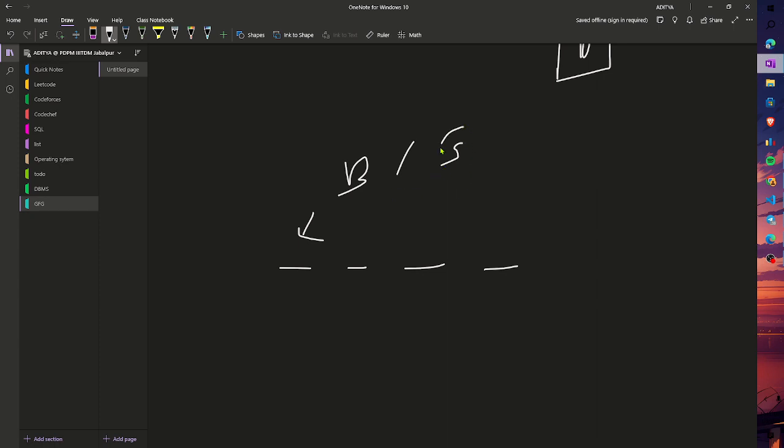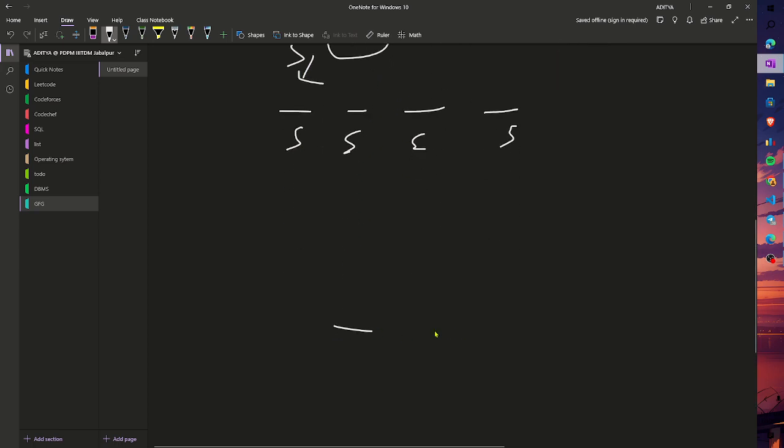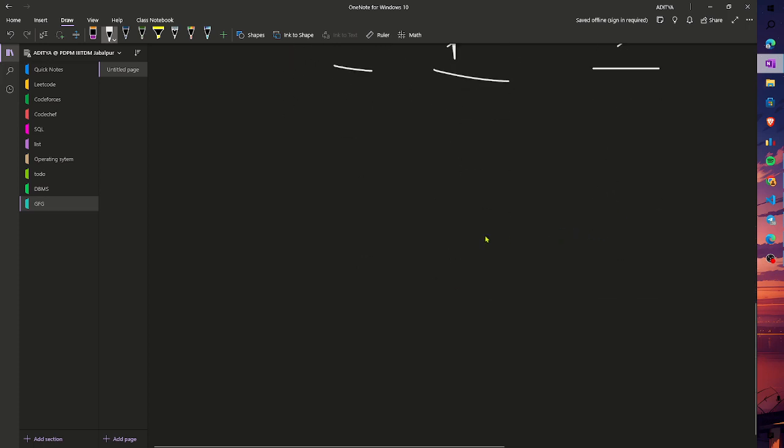The space I can leave empty anywhere; I have no condition for that. But to make a building, I have to ensure that my previous one should be a space, not a building. For example, if this is a building, there is no way I can construct a building next to it; it should remain empty. That's all about the intuition.